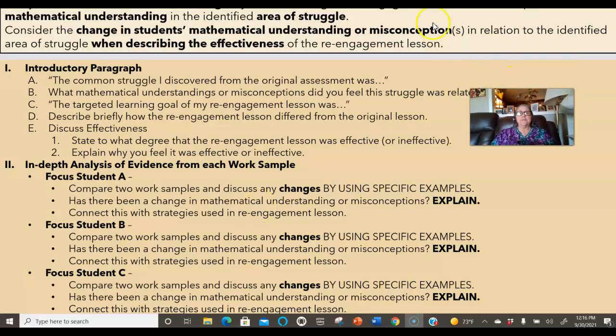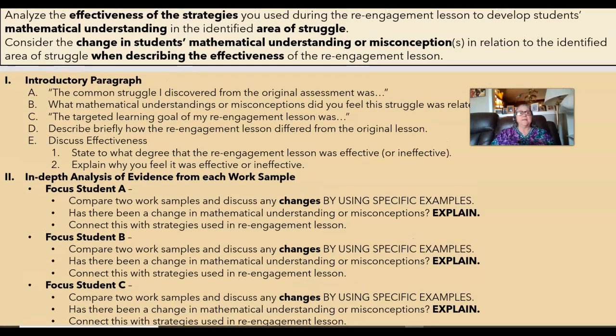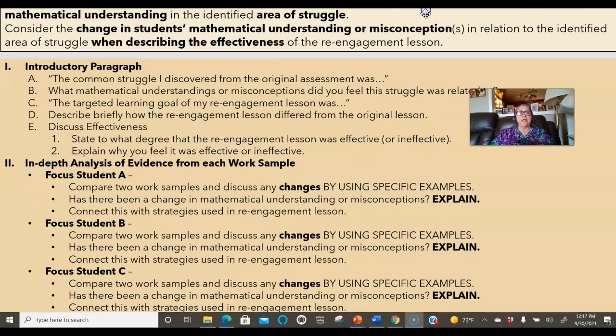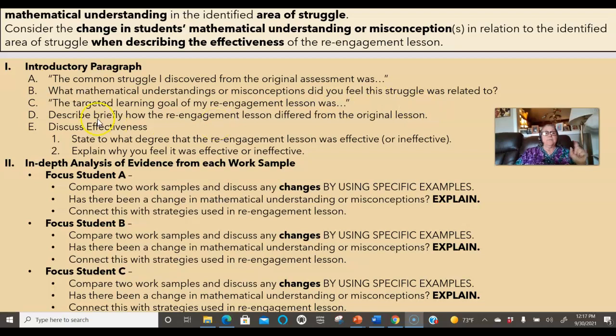So here's the question. Analyze the effectiveness of strategies you used during the re-engagement lesson to develop students' mathematical understanding in the identified area of struggle. Consider the change in mathematical understanding or misconceptions. All right, so your introductory paragraph, I think, should be: the common struggle I discovered from the original assessment was, then talk about the mathematical understanding or misconception.